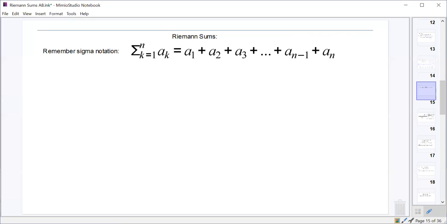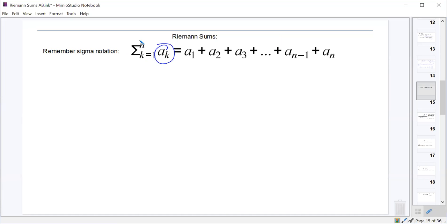So sigma notation, this is a sigma right here. That's a capital sigma. It just means sum together, add together a bunch of stuff. So that's what we're going to try to do here. We're just going to add together a bunch of things. And in this case, it's saying sum together all of the a sub k's from the first one to the nth one.